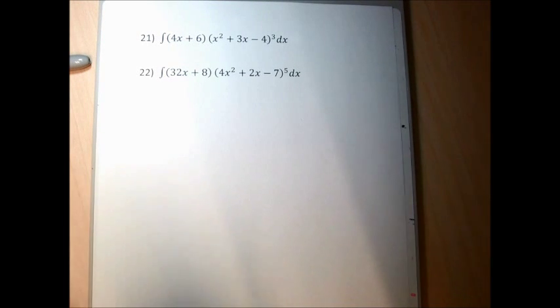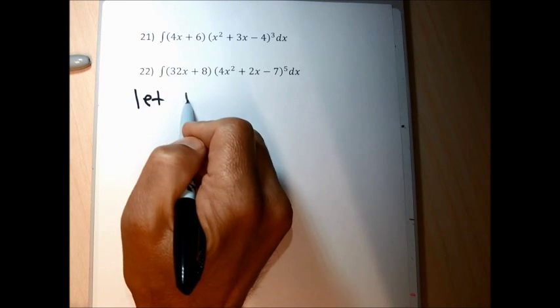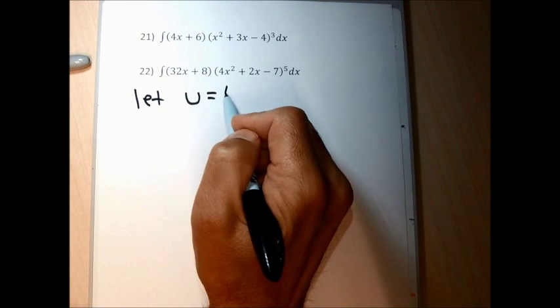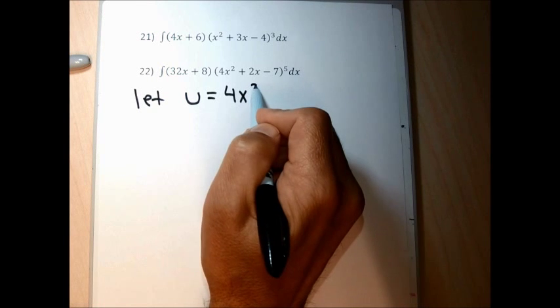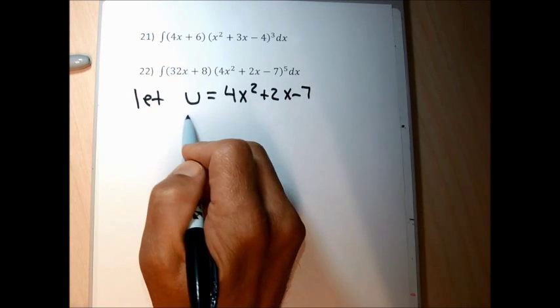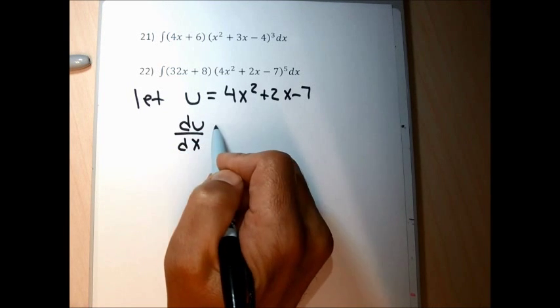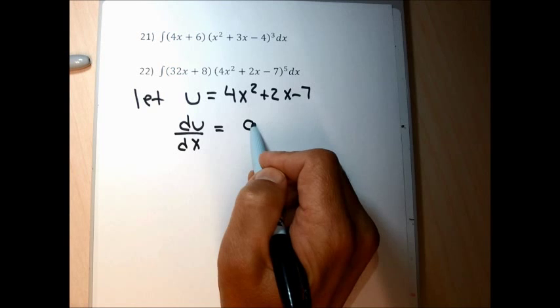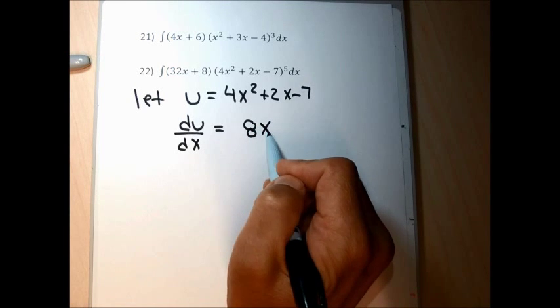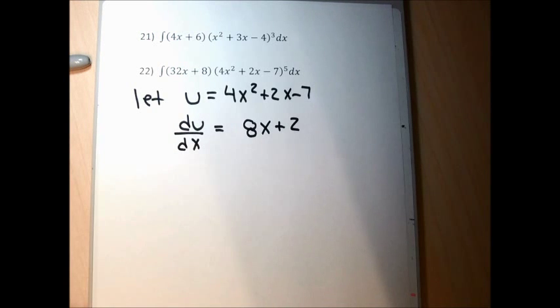So, 22. I'm going to let u be the inside of that parentheses. Then du dx equals 8x plus 2 plus 0.